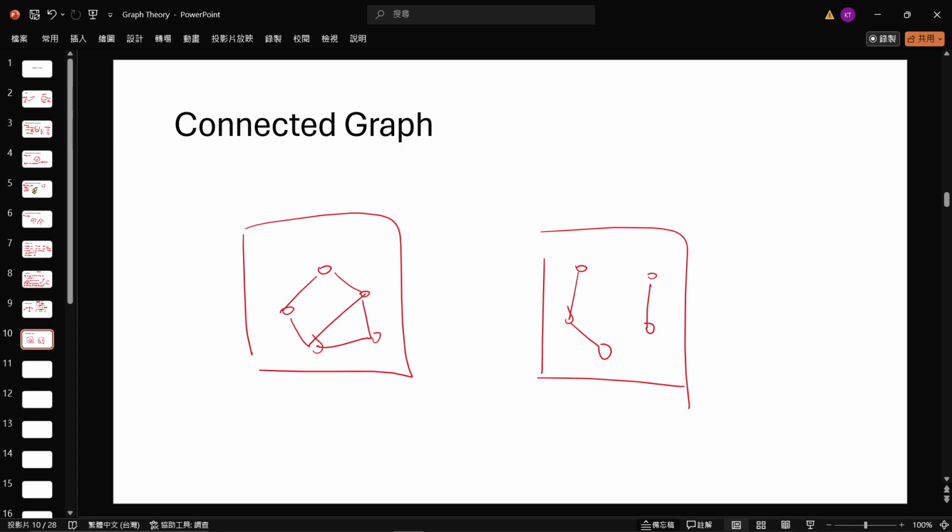Visually, we can tell that there are two separate parts in this graph. And for this one, there's no way to separate this graph, so it seems reasonable to assume that this is connected. But we need a formal definition. I don't want you to memorize this definition.